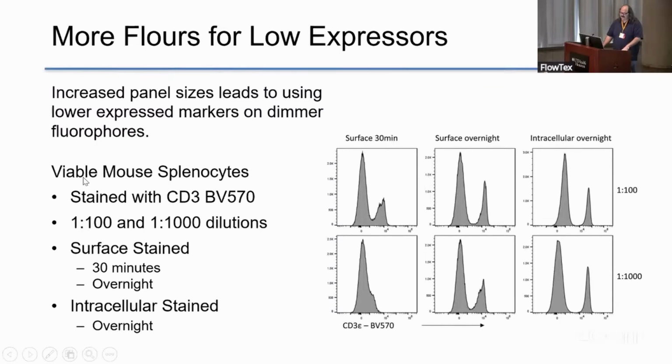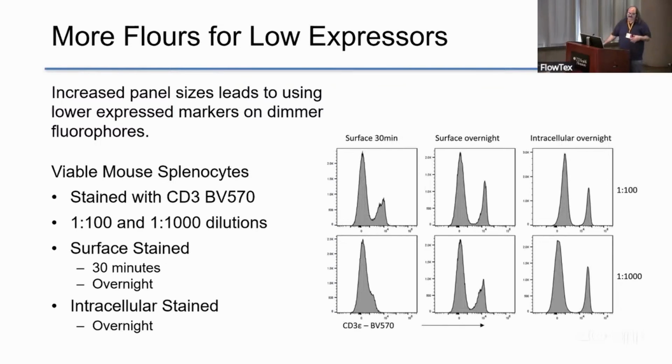So here they've taken viable mouse splenocytes and they've labeled them for CD3 with BV570. Normally when you're doing these high parameter panels, you have less ability to pick and choose the high intensity fluorophores to go with your low expressing proteins.